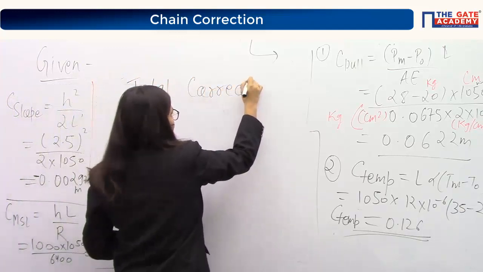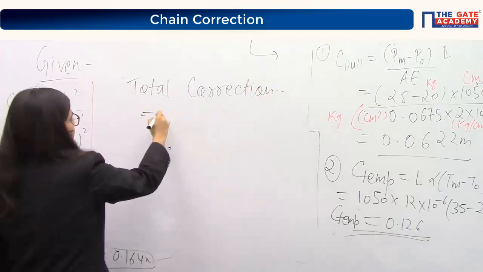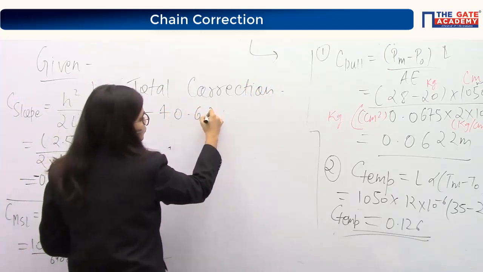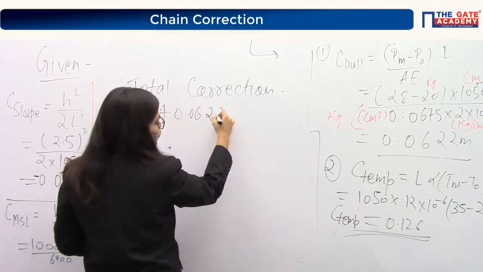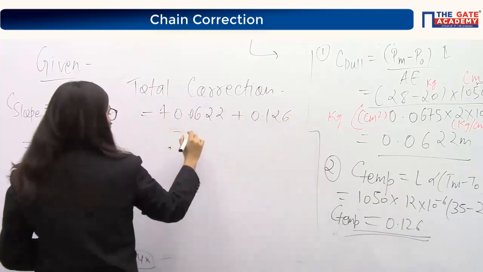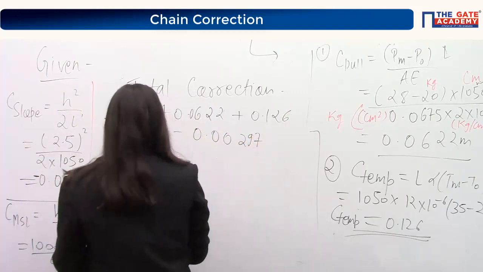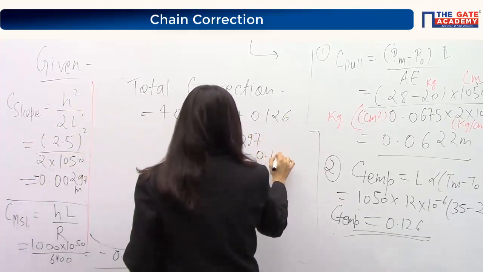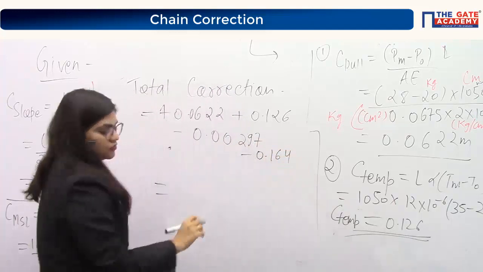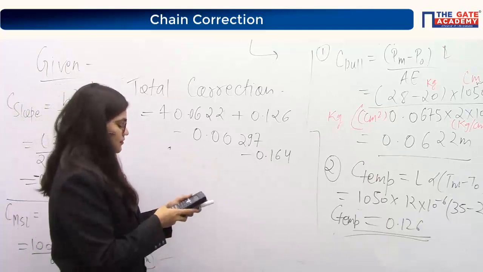Total correction is plus 0.0622 plus 0.216 minus 0.00297 minus 0.164. Just so everybody got the answer.